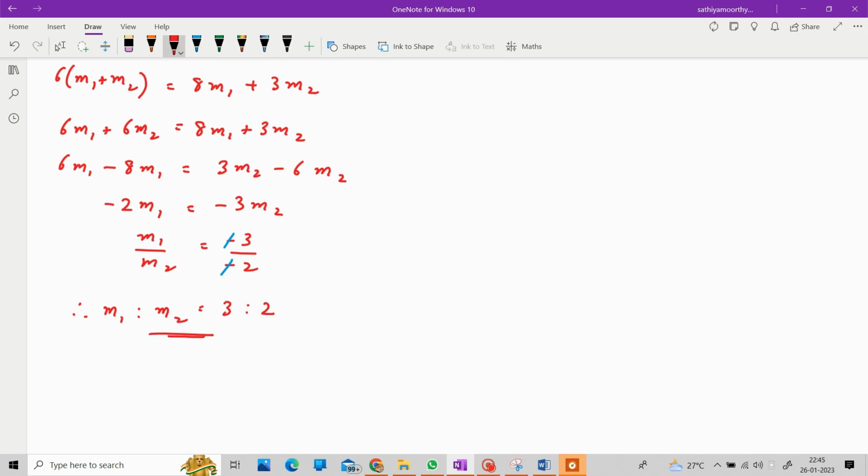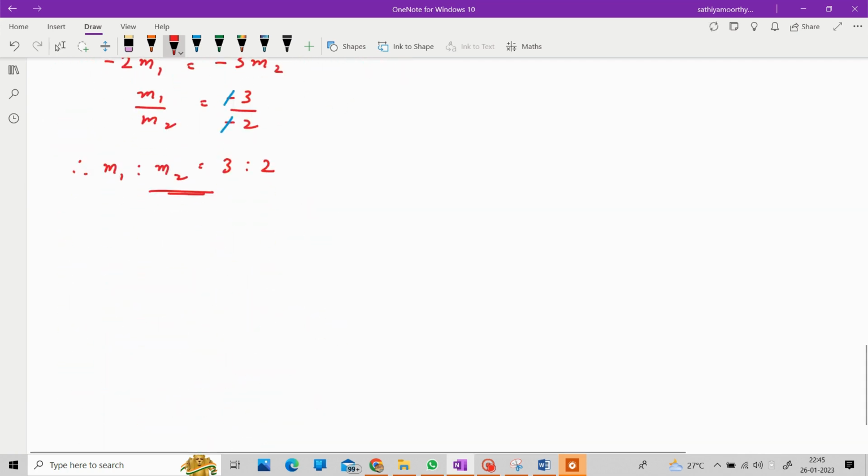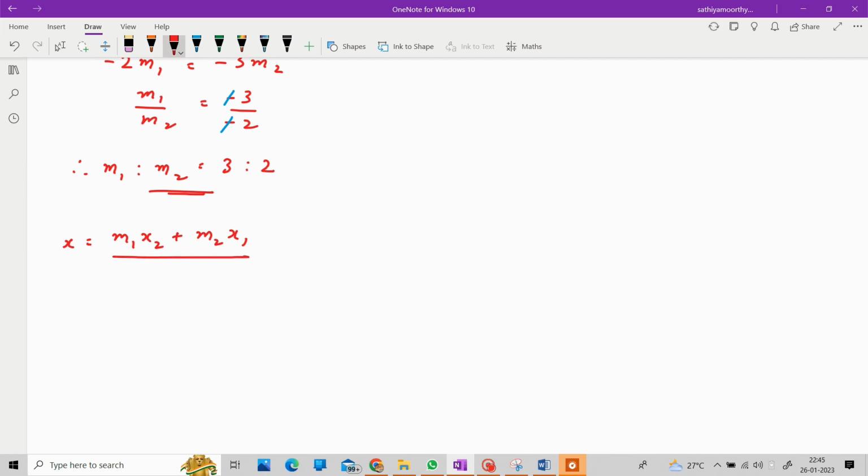Next we have to find out the a, that is we need to find out the x coordinate. So let me write the section formula for x. X is equal to m1 x2 plus m2 x1 by m1 plus m2. So x is a, m1 just now we found out it is 3 into x2. x2 is 2 plus m2 is 2 and x1 is minus 4 divided by m1 plus m2, it is 3 plus 2.